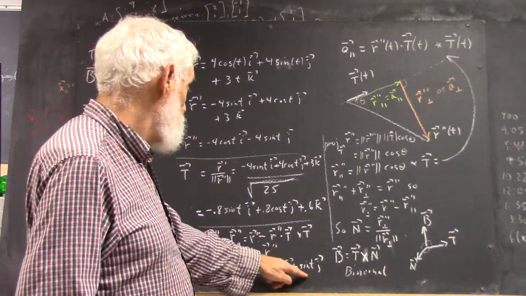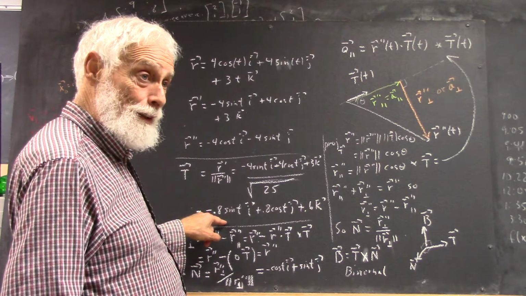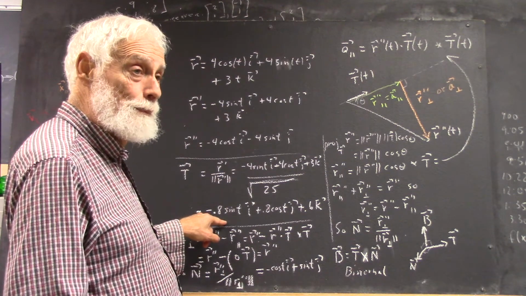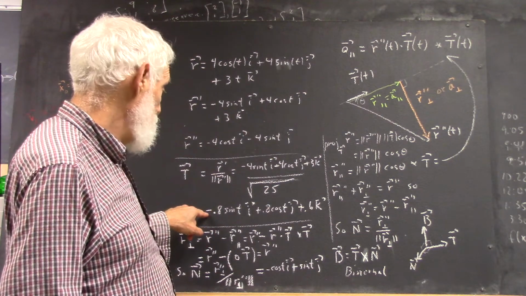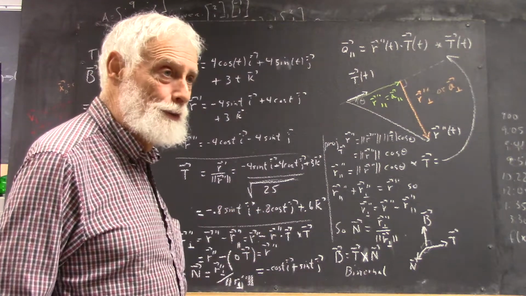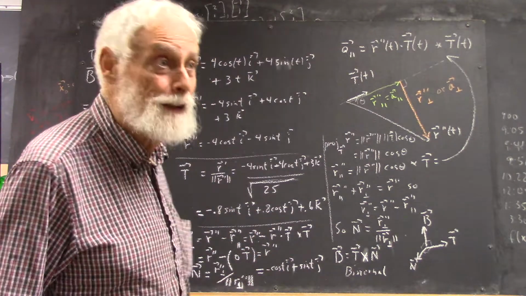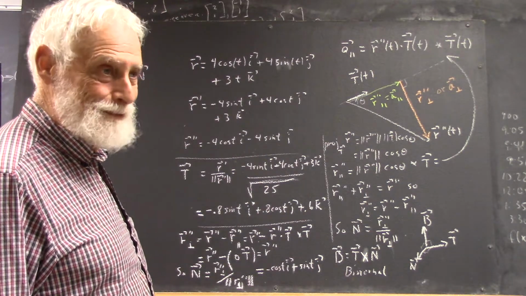Well, yeah, j cross i is going to give you a k, right? It's going to give you a negative k. So that's going to give you a negative 0.8 sine squared. But you had a negative 0.8 cosine squared, so now you just got a 0.8 k. So now I know what the coefficient of k is, right?